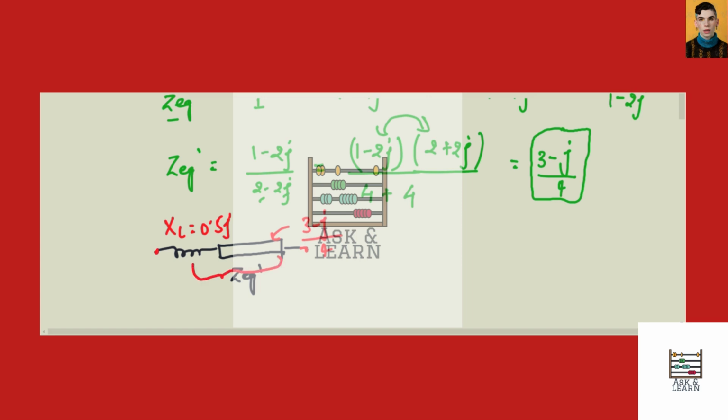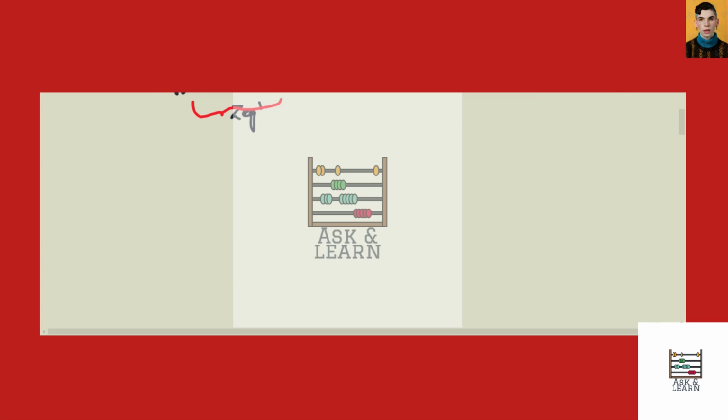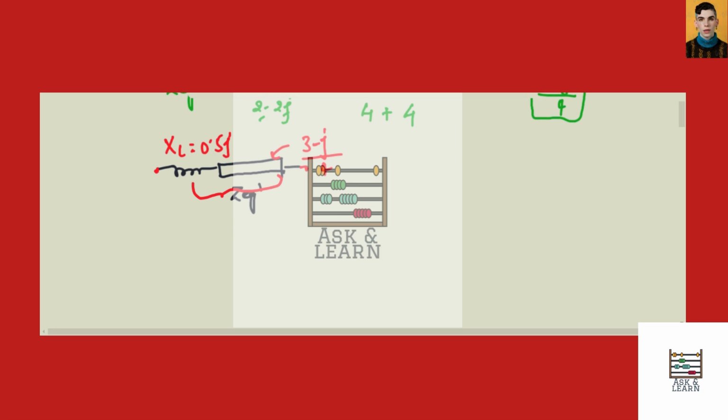So the value of ZIN, which we have to calculate, will be this XL plus Z equivalent prime, right? This is Z equivalent prime. So what I will get is 0.5j plus 3 minus j by 4, right?